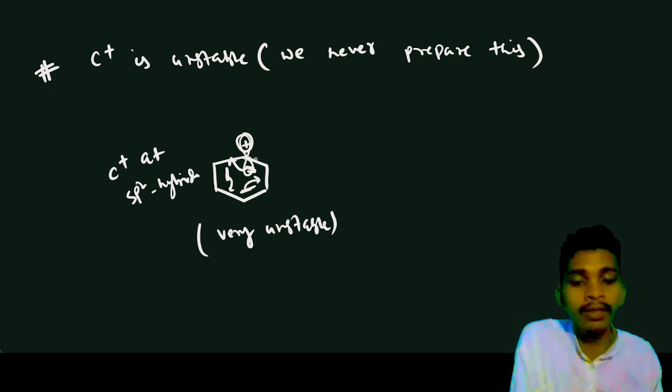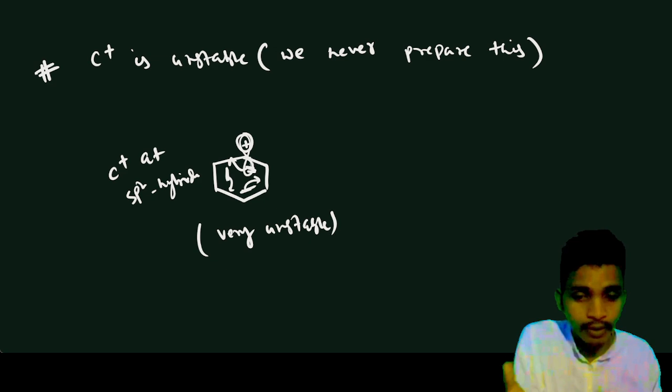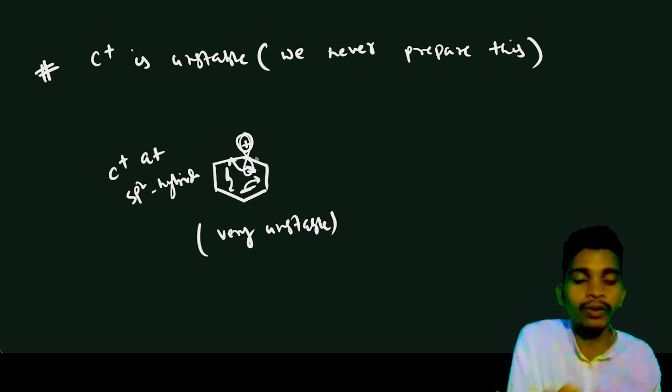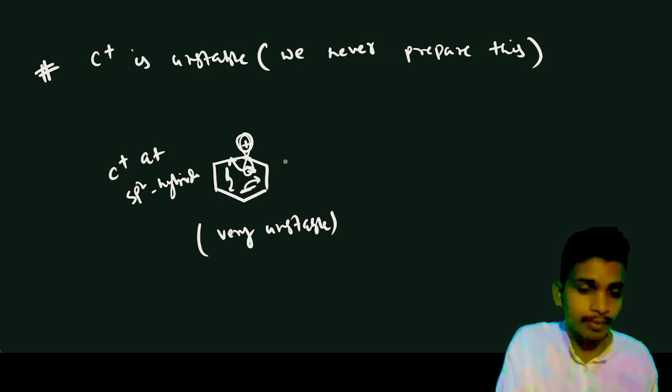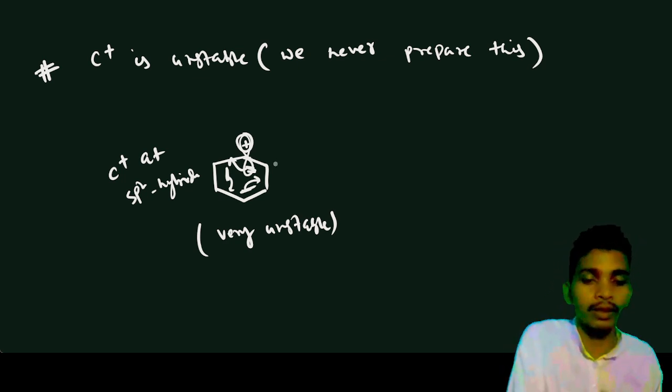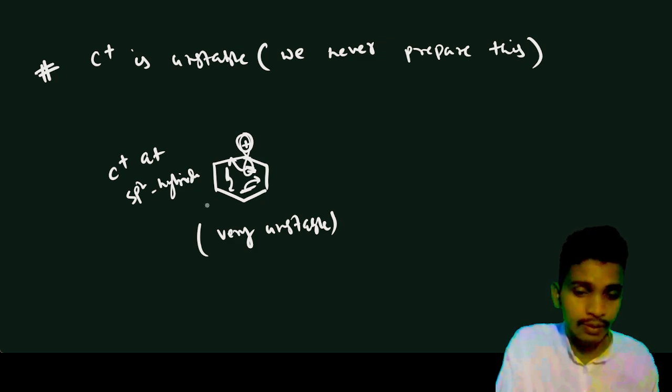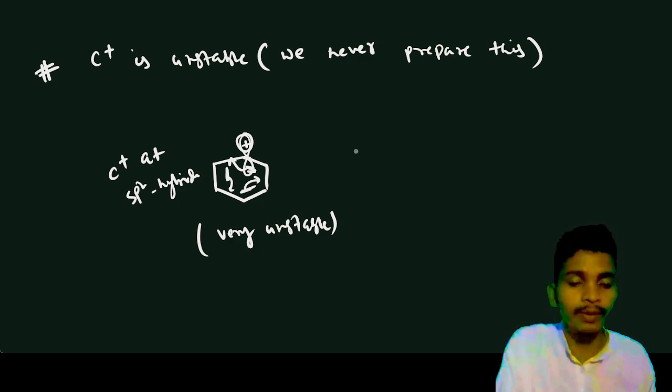If they gave the electrons to the vacant orbital, they would get anti-aromaticity, and it will never go from aromatic to anti-aromatic, because anti-aromatic is very unstable. So this is very unstable, and we never form these things.